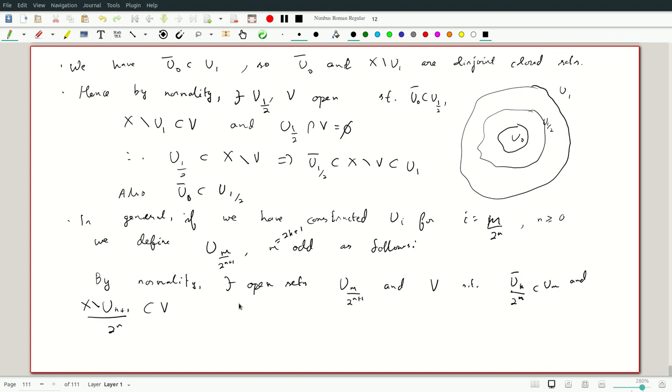Should clarify, these are the sets between which you have to be. So if it was U quarter, U0 and U half are these two sets, and we find something outside the closure of U0 and inside these.